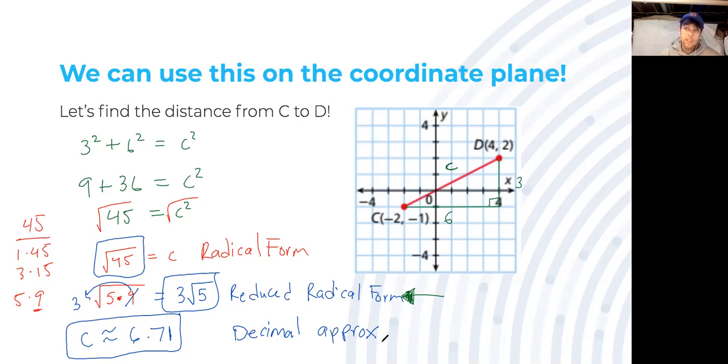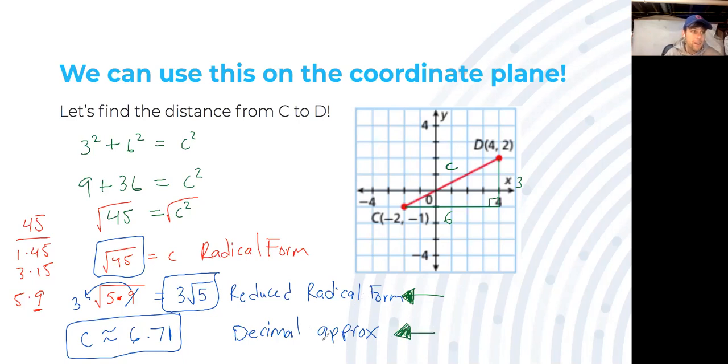Sometimes we may want to use a decimal if we're trying to calculate the area of a shape and we just want to get an approximation of the area. We may want to use a decimal approximation. So we might do that. Radical form is fine too, but if you're going to use the exact format, you might as well do reduced radical.